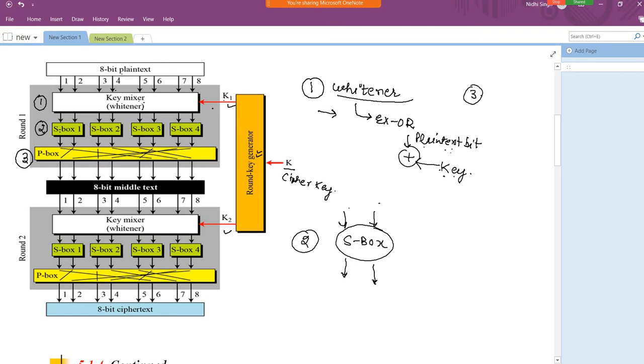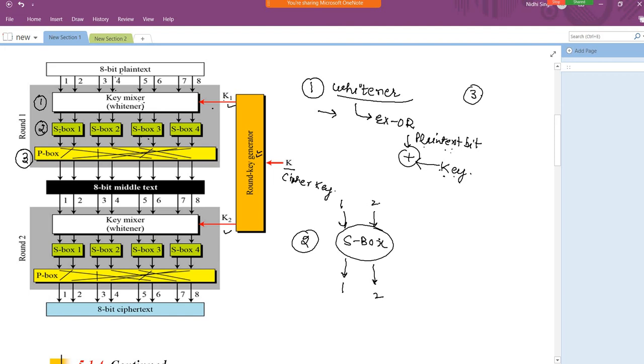That's why I am using 2 bits of input and 2 bits of output. ये एग्जाम्पल है, आप अपने हिसाब से 4 भी ले सकते हो कि 4 इनपुट कर रहे हो और 4 आउटपुट कर रहे हो, ठीक है. सो ये एग्जाम्पल है जो बुक में दिया हुआ है, सेम एग्जाम्पल मैं आपको बता रही हूँ.